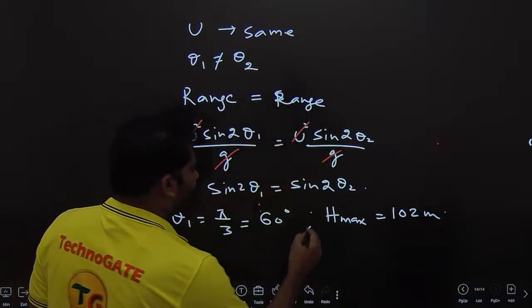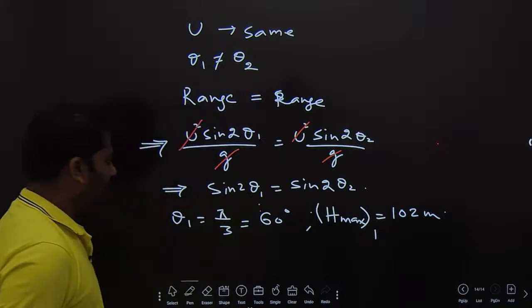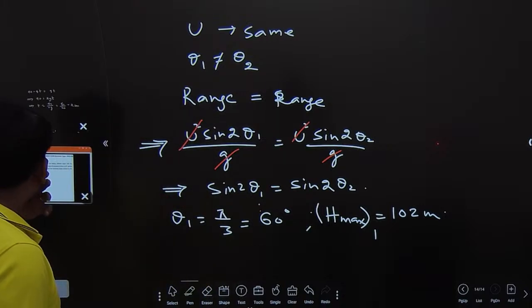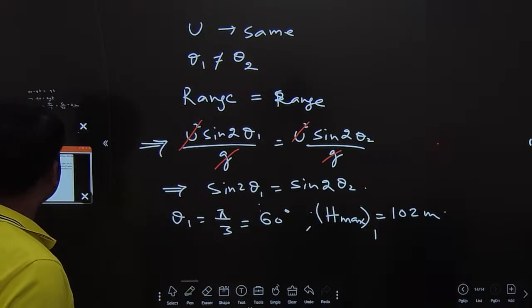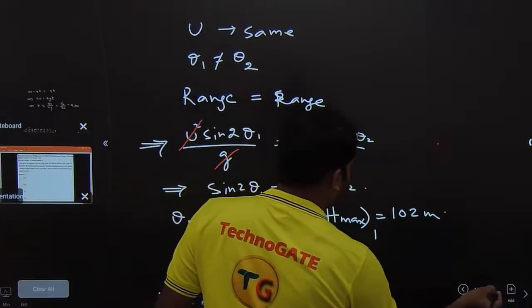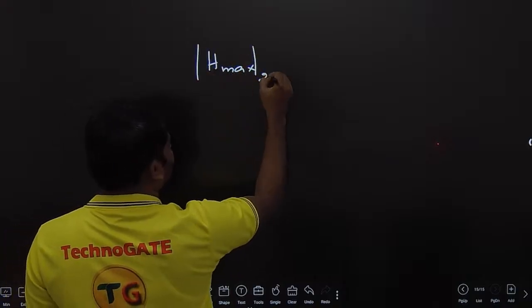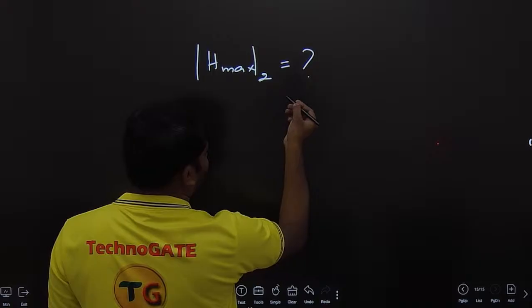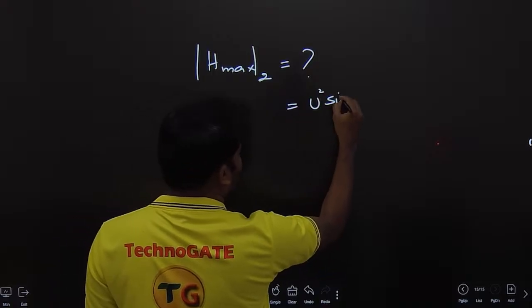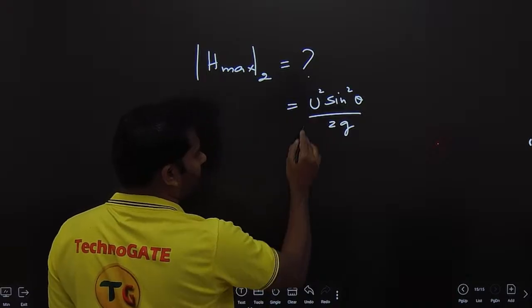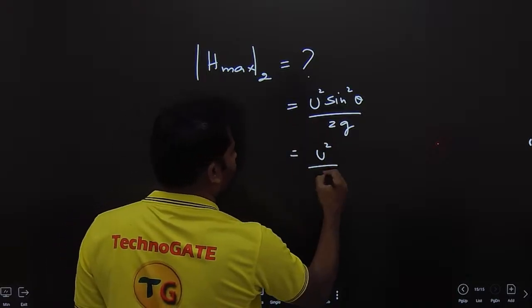So h max for the first one, let us use this. Then they ask for the maximum height reached by the other, in meters. So we need to get the maximum height, h max 2. If you want to get maximum height, it is u square sine square theta by 2g. Clear? That means you need to know this value, u square by 2g.